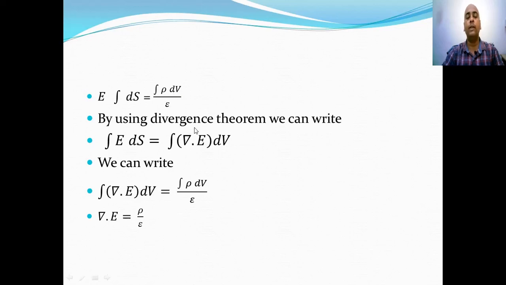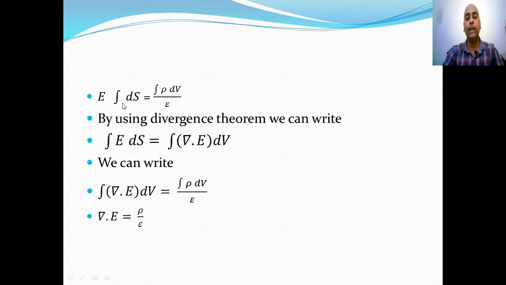Now by using the divergence theorem to convert the surface integral into the volume integral, we obtain that the surface integral E dot ds can be represented as del dot E into dv.